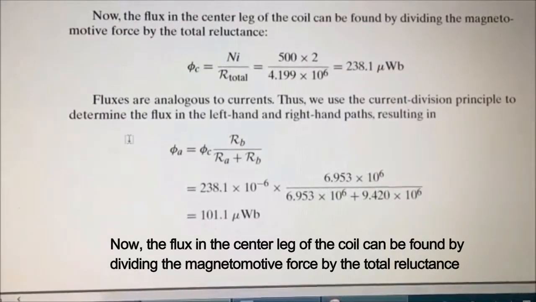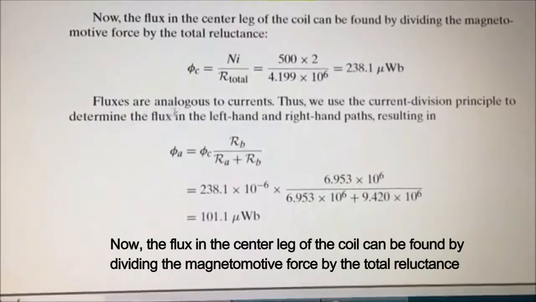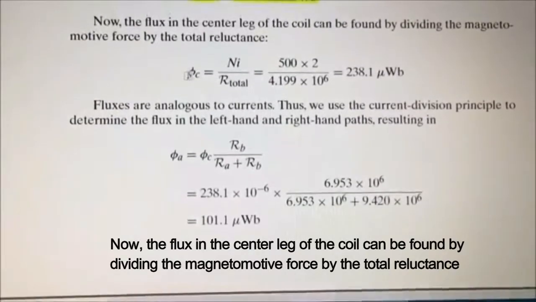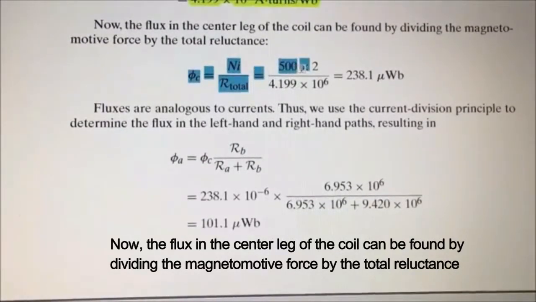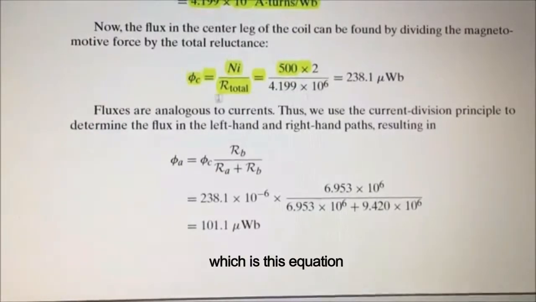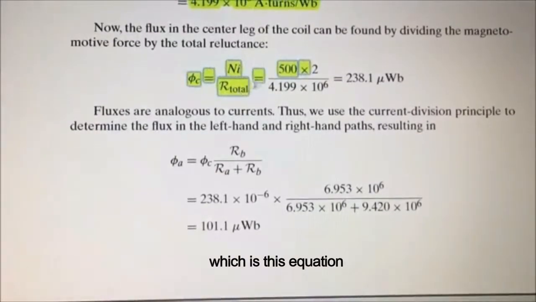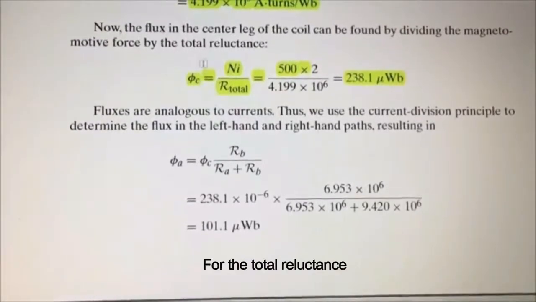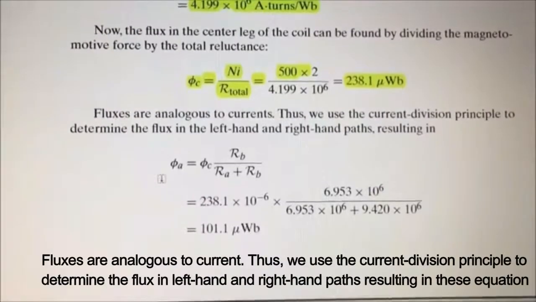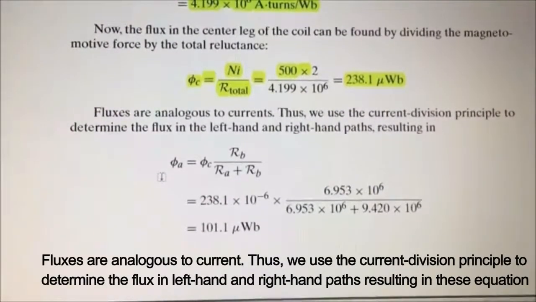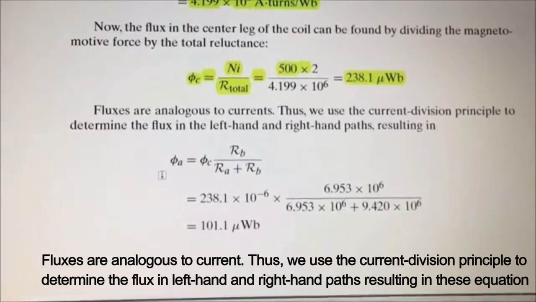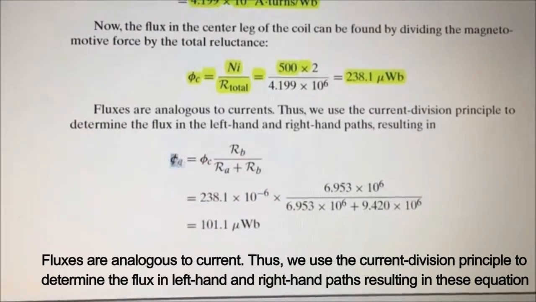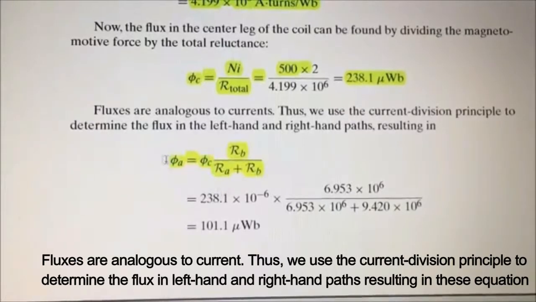Now the flux in the central leg of the coil can be found by dividing the magnetomotive force by the total reluctance, which is this equation, and then we obtain this value for the flux. Flux is analogous to current, thus we use the current division principle to determine the flux in the left-hand and right-hand paths, resulting in this equation.